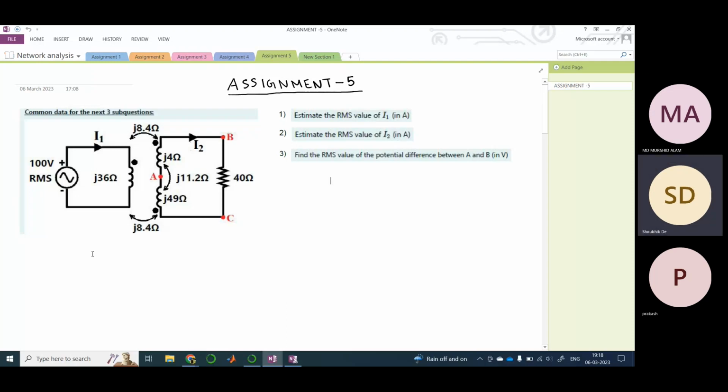So let us quickly write the different terms. I won't draw the circuit again because it's already given. It's a pretty simple circuit to understand at least. So XL1 is j36 ohm, because this is the reactance.